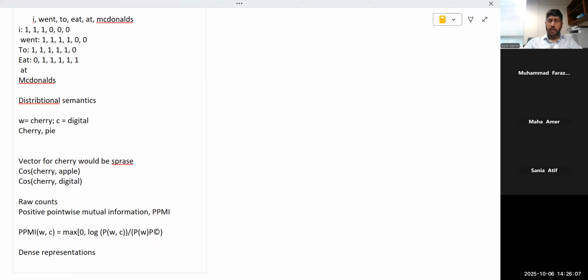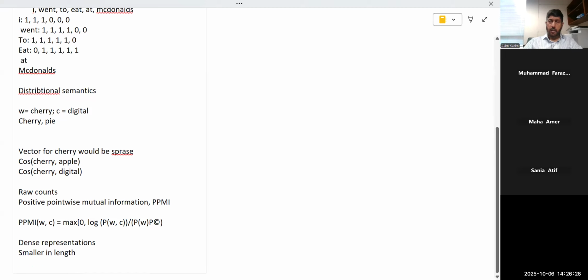And of course, most values within those vectors will be 0. So dense vectors are those in which the fraction of zeros is very small. Most values are filled. So these dense vectors are smaller in size as well, smaller in length, and also dense, so with few zeros.